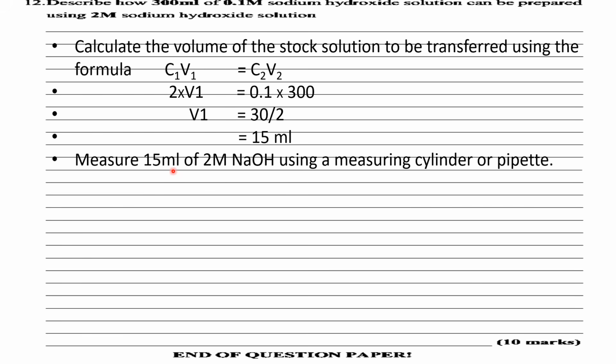So measure out, having calculated this. By the way, you can do this calculation before you carry out any measurement. So measure out 15 mils of 2 molar sodium hydroxide using a measuring cylinder or pipette. If there is one which can measure 15 mils, a pipette is better, because a pipette is more accurate than a measuring cylinder.